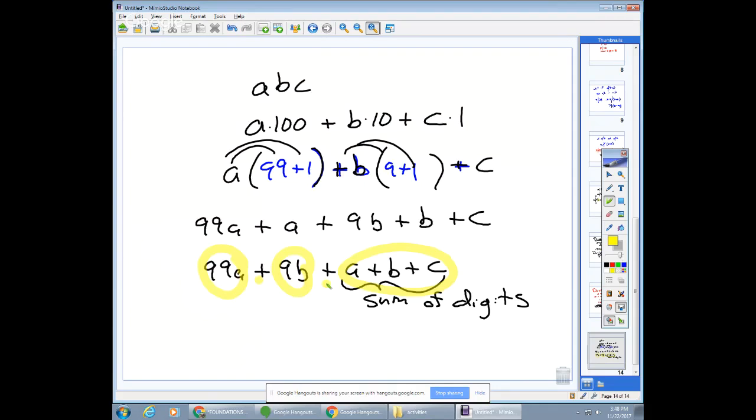Does 3 go into 99 times A? Yeah, because it goes into 99. I don't really care what A is. It goes into 99, so it's going to go into 99 times A. Does 3 go into 9B? Yeah, because it goes into 9. So as long as 3 goes into A plus B plus C, we're good. And that's the reason behind it.